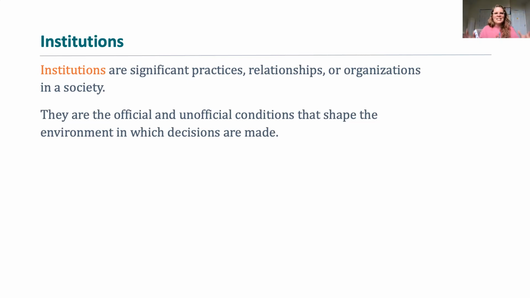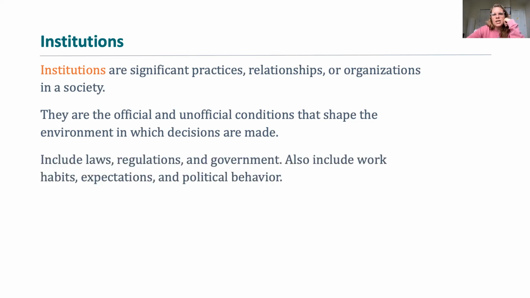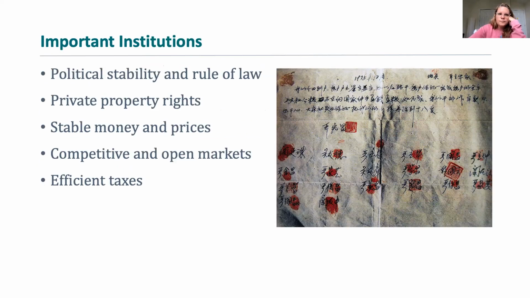It's the ideas, the conditions within which decisions are made. That's what we mean by an institution, how things are done. So institutions will include laws, regulations, policies, government entities, but they also include things just like our work habits, our expectations, our political behaviors. It's how we conform to behave in a society.